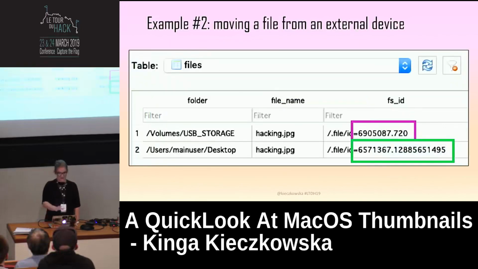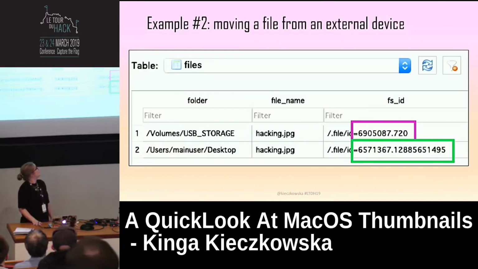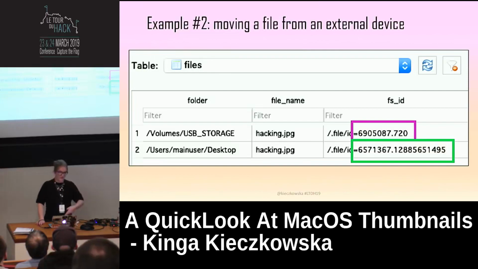Here again I have two entries in the cache, and obviously the file name is the same, but you can see that the file IDs are different. Both the volume ID and the file ID are different because it has been moved from an external device, so it wasn't just an operation on our machine.